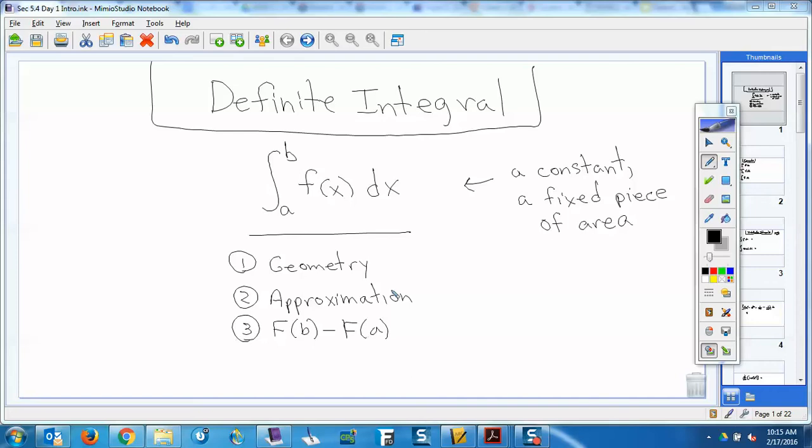Now we have 3 different ways we can do that. One way is if the area is a geometric shape, we can just calculate it geometrically, but that doesn't happen very often. You don't get many functions that create geometric shapes, so that's a very limited way of doing it. Then there's approximation. We could count squares, or estimate what the area is.